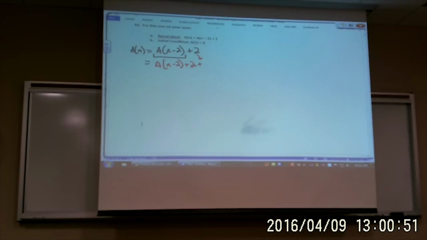So we get plus 4. We'll simplify this. Should that be n minus 4? You got it. A of n minus 4 plus 4. Sub in the next, which would be a of n minus 6 plus 2. This plus 4 gets carried down. Simplified.